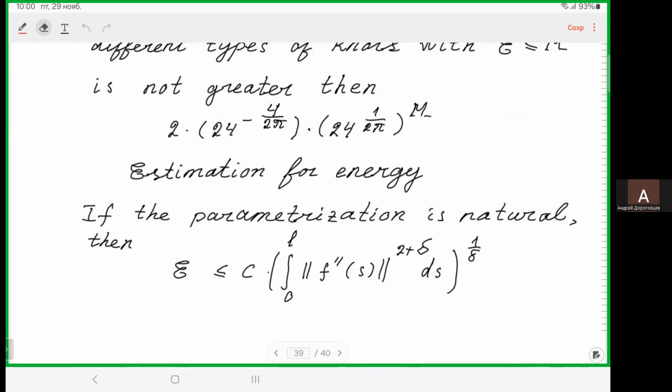And from this point of view, we see that the complexity of our knots decreases very fast, it has a distribution which decreases very fast. So one can estimate the probability of our knot to have a different complicated topological type.